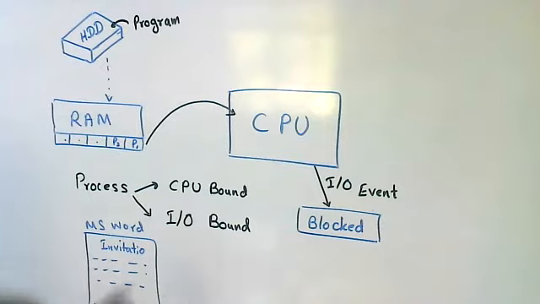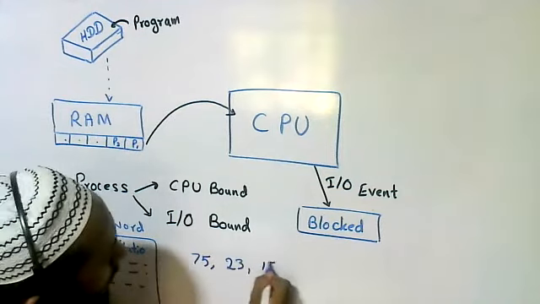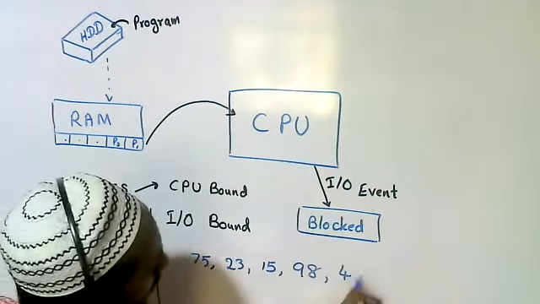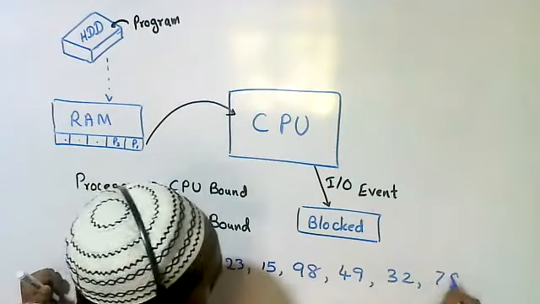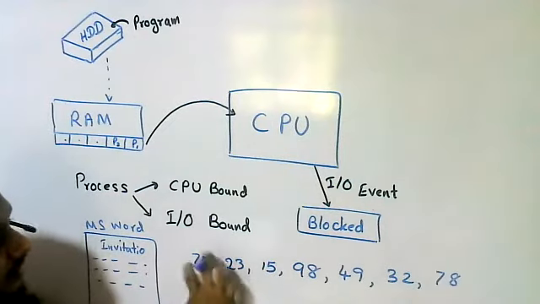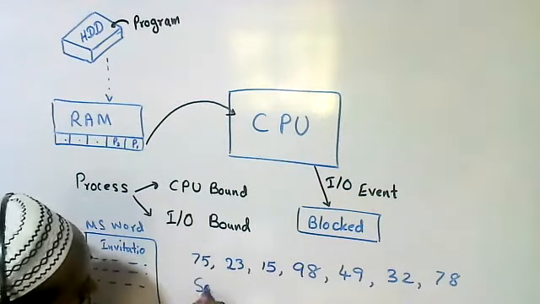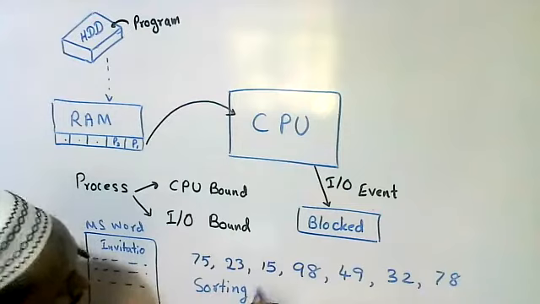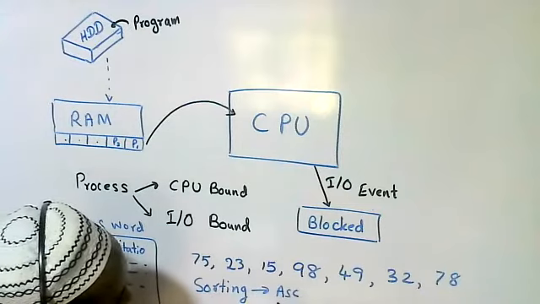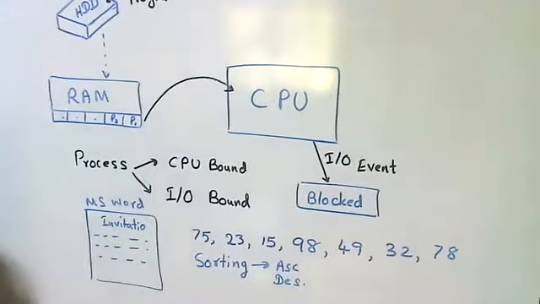For example, there is an array of numbers 75, 23, 15, 98, 49, 32, 78, right? Likewise, an array of numbers. Let's think 100 numbers are there. If we want to sort it, ascending or descending order, while we are sorting this, it doesn't need any input, but it needs CPU.